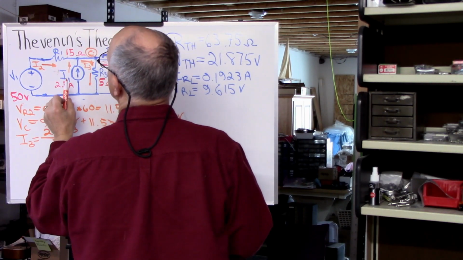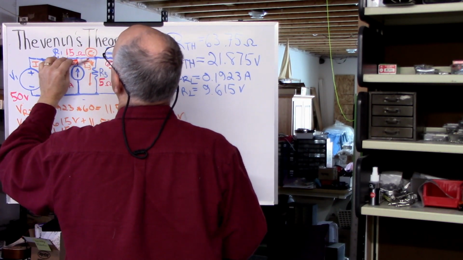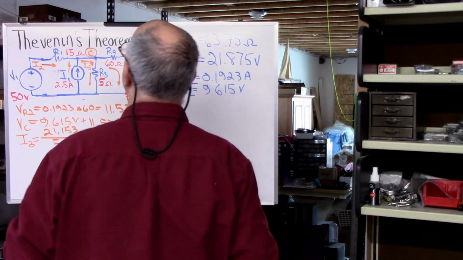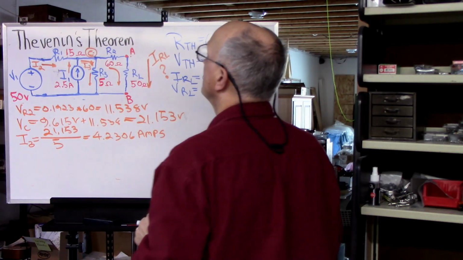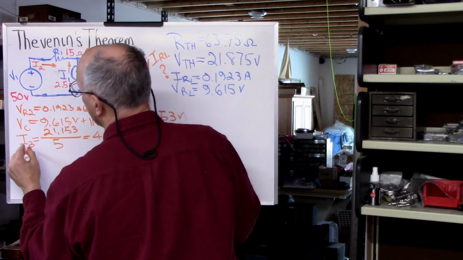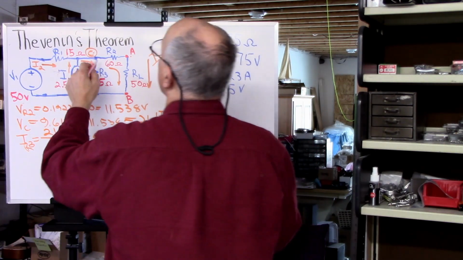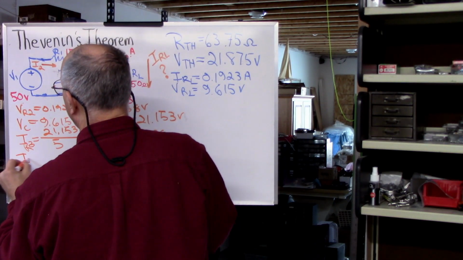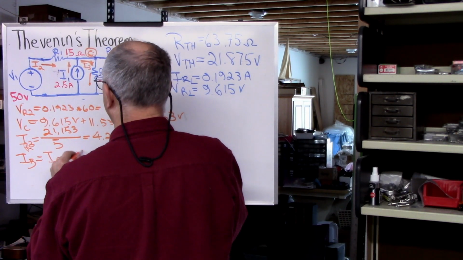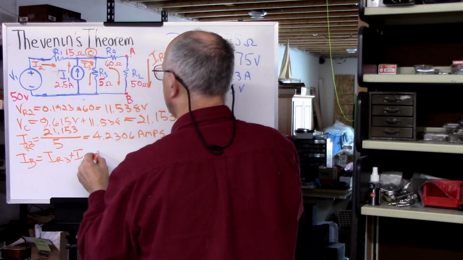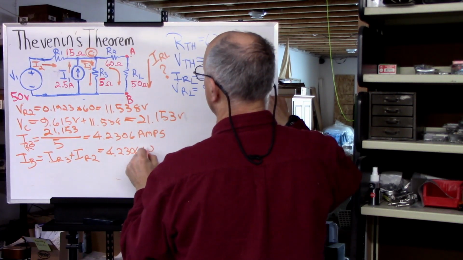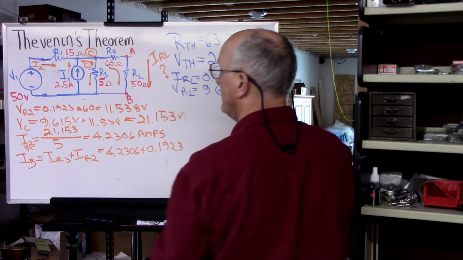All right, so we have 2.5 amps coming into that node from here. We have current going through here and through here. So the total current I3 is going to be equal to IR3 plus IR2, which is equal to 4.2306 plus 0.1923.